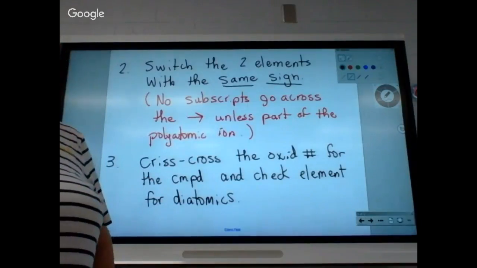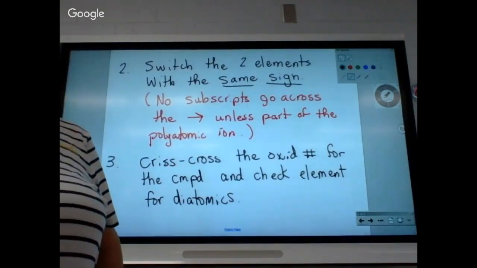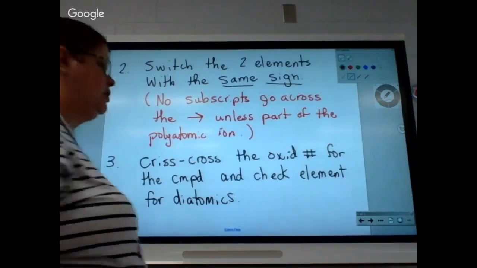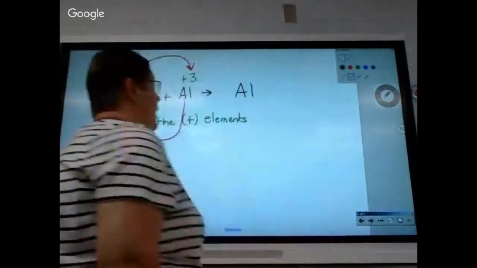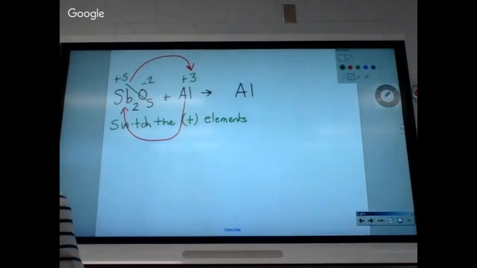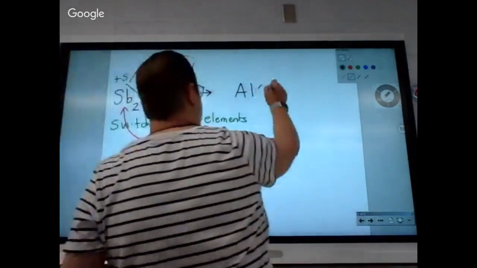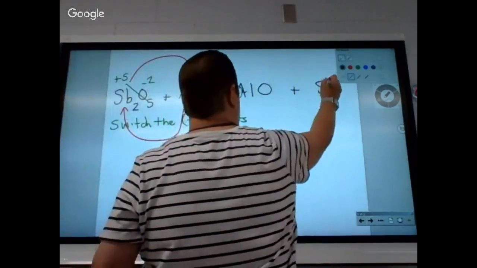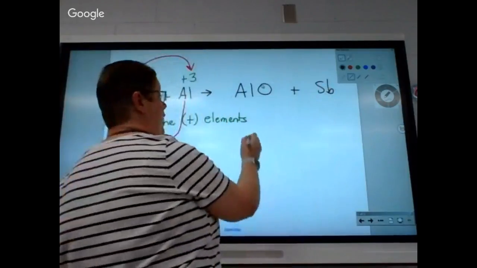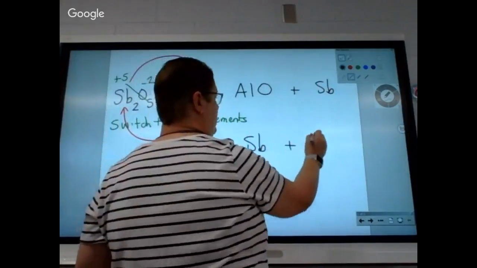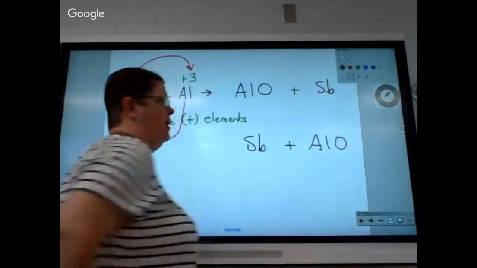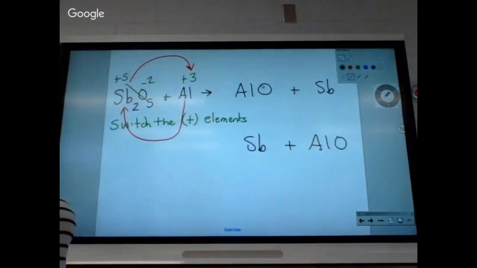So did I have any polyatomic ions? Are any of those subscripts crossing the arrow? We're only talking elements here. So Al is going to be with who? Plus Sb. Now, there's nothing wrong with writing Sb plus AlO. It does not matter which order you wrote it in.